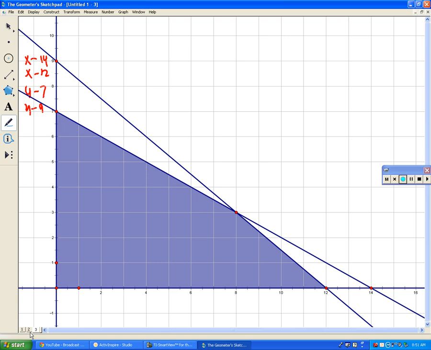All right. So now we have to figure out the corner points of this. They are 0, 7; 0, 0; 12, 0; and 8, 3. Okay, so we have to take those and plug them into our cost function, and we want the minimum and the maximum.